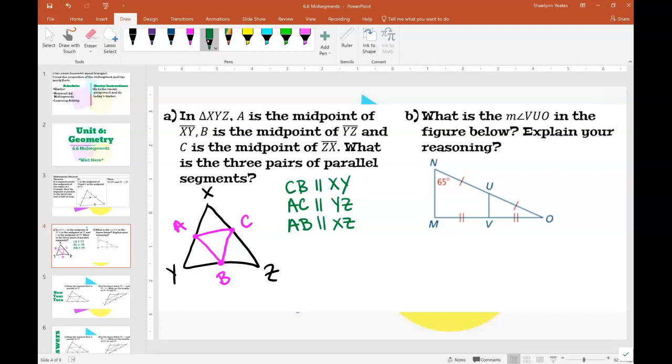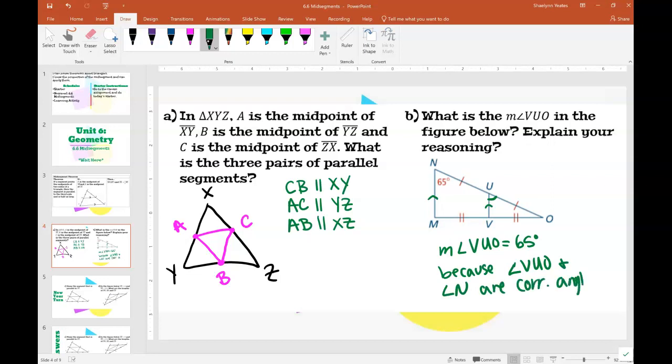And then here it says, what is the measure of angle VUO? So VUO is this angle here. Now remember that these lines are parallel, which means that corresponding angles are going to be congruent. If we look at angle U, this angle U here, obviously the one I marked, and angle N, we can see that those are corresponding angles, which means that the measure of angle VUO has to equal 65 degrees because angle VUO and angle N are corresponding angles.